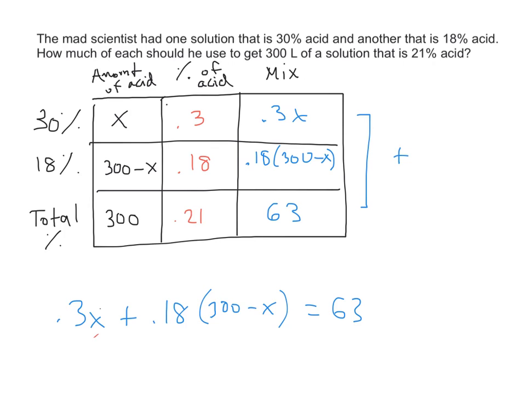What we have to do is we have to distribute this right here, and we would get 0.3x plus 54 minus 0.18x equals 63. At first you may think, well, 0.18x minus 0.3x is negative 0.15x.